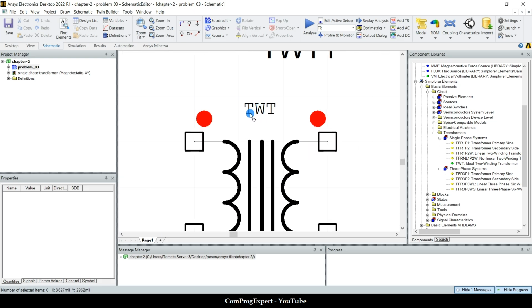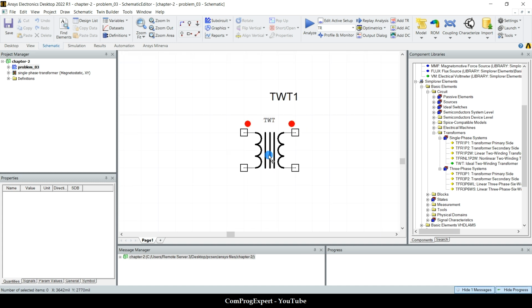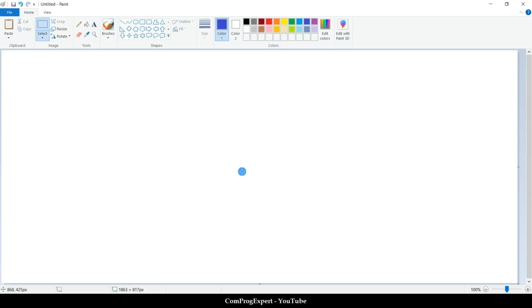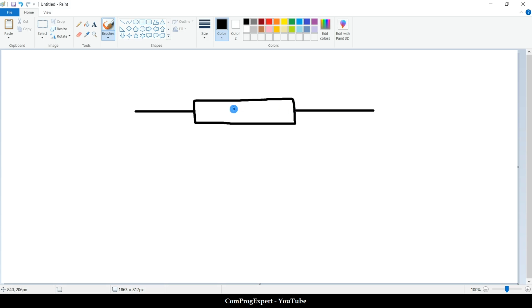So this is a two winding transformer. Consider the dot points also. What is a dot point? You remember from the circuit theory, right? If we have this element, it can be a resistor, inductor, capacitor or a source, anything.